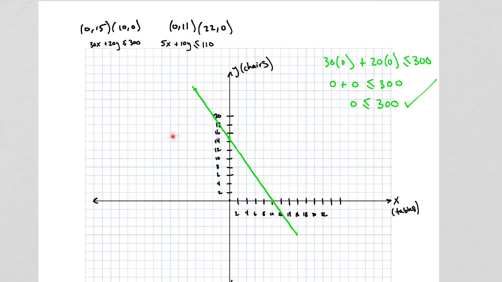So that means everything on this side of the line will be colored in. Anything on the outside of the line up here does not make the inequality ring true. So that's called the feasible region.